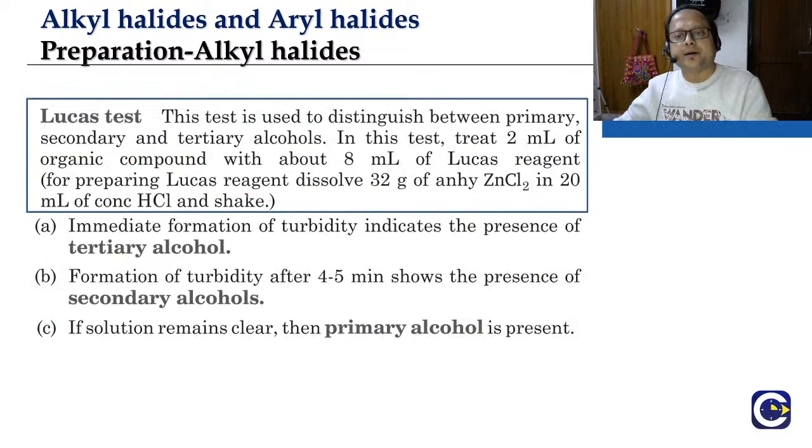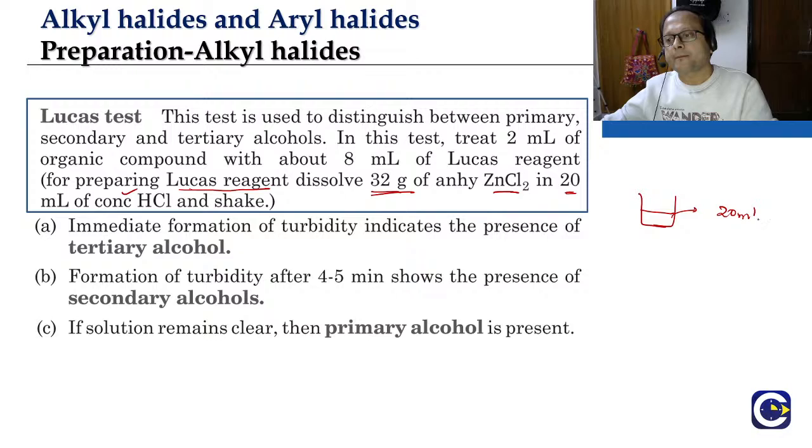So what we do in lab, Lucas reagent is obtained by dissolving 32 grams of zinc chloride in 20 milliliter of concentrated HCl, right? So you take a beaker, you have got 20 ml of concentrated HCl, and to this you add 32 grams of ZnCl2.